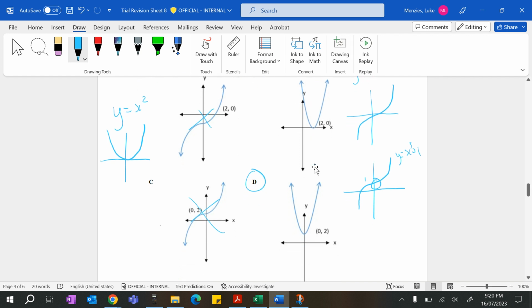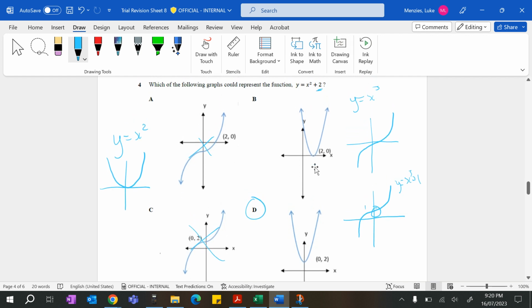And how I can actually check my answer, I can substitute my values into the formula and get the right thing. So if I look at this one, this is my x, and this is my y. Does 2 equal 0 squared plus 2?